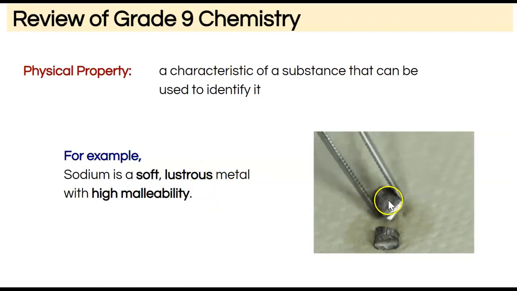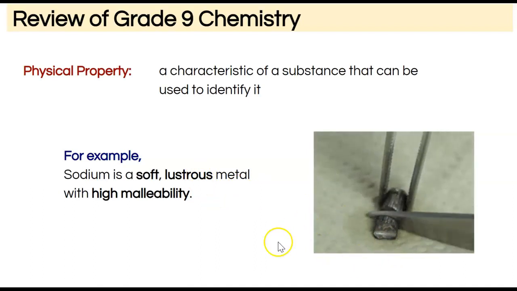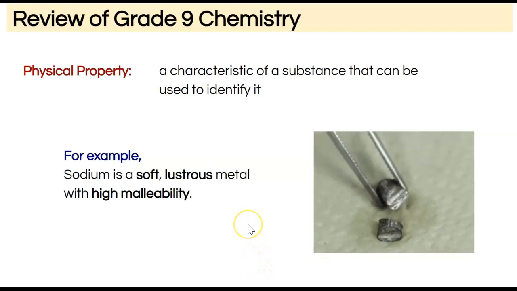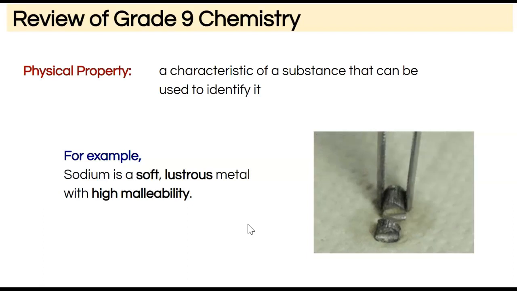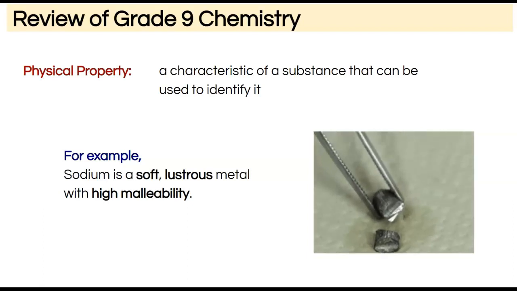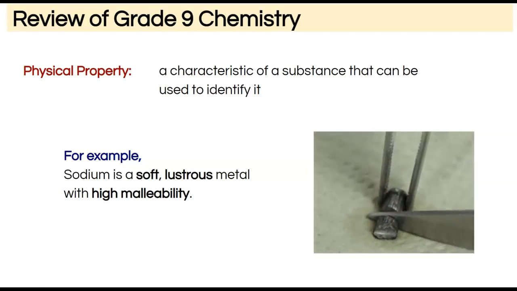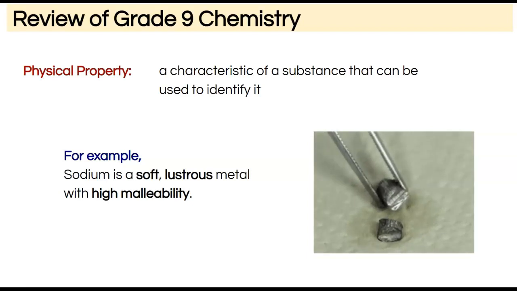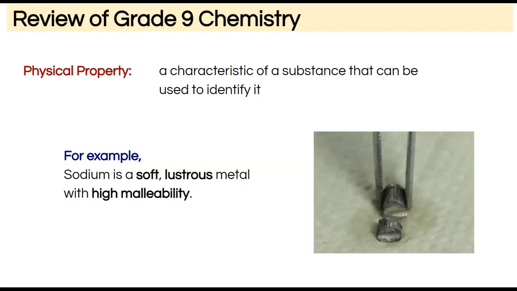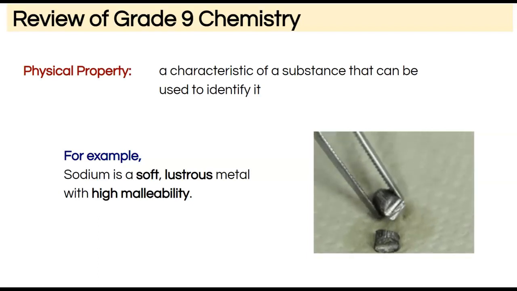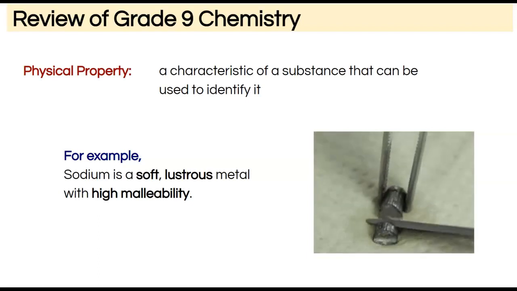I can see that it's soft. I can see it's got that shiny luster, and it's highly malleable. Okay, I'm not describing how it becomes anything else. I'm just describing it as it is on its own. All right. So a chemical property is how it behaves when it's changing into something new. A physical property just describes it as it is.